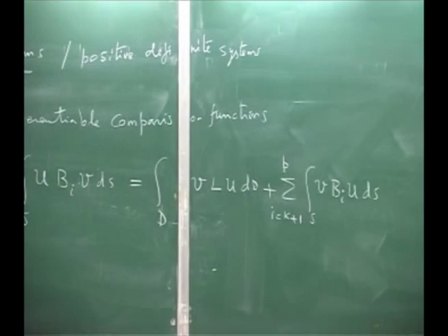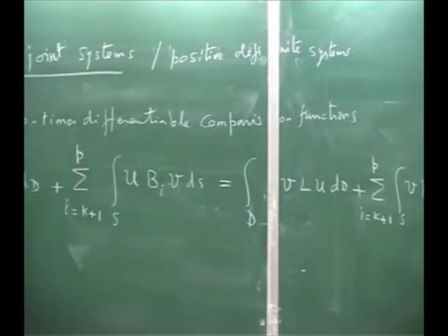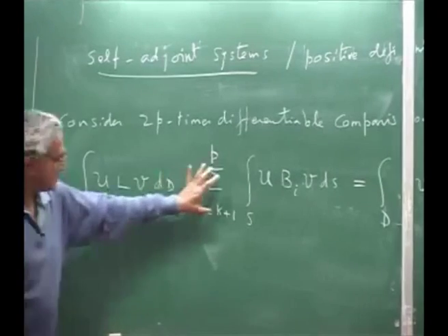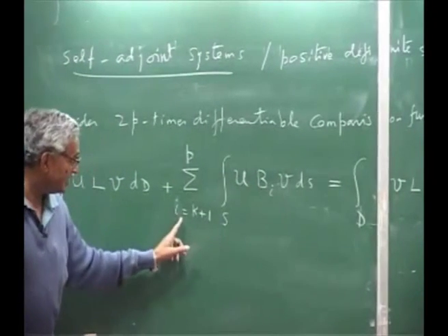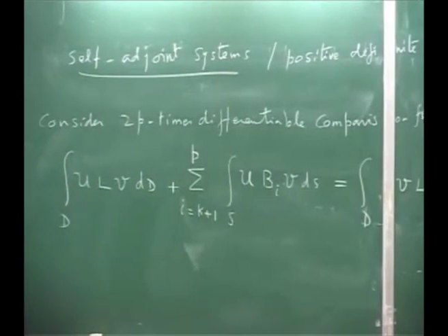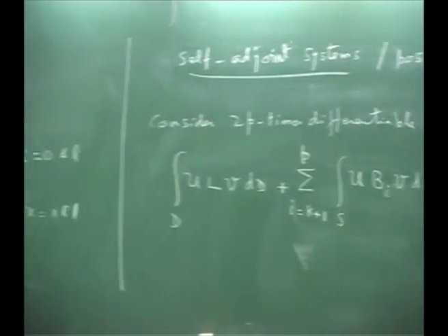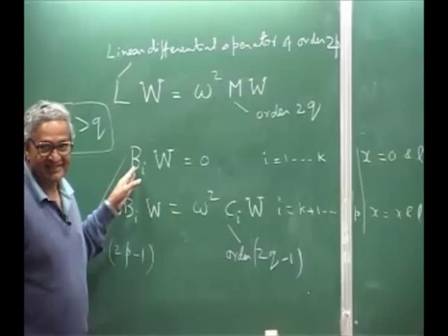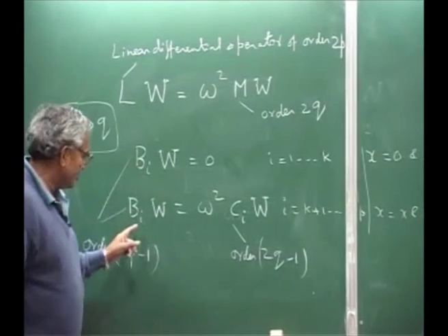So you see what is happening is U L V plus this B_i, k plus 1 to p, that is only this. This is not considered, only this condition.